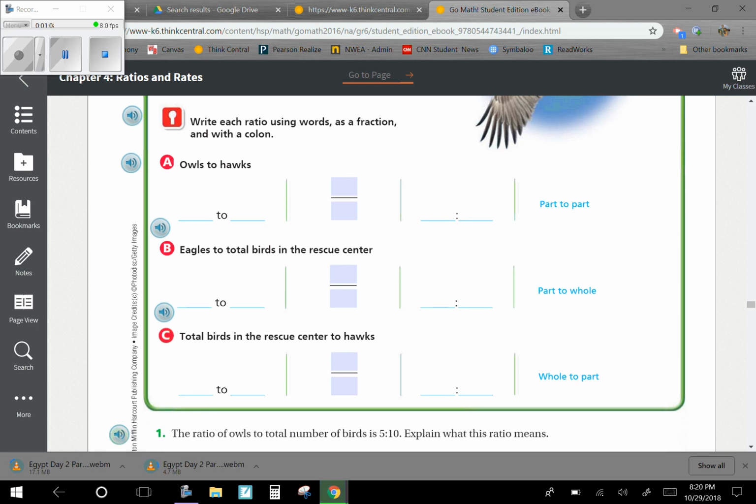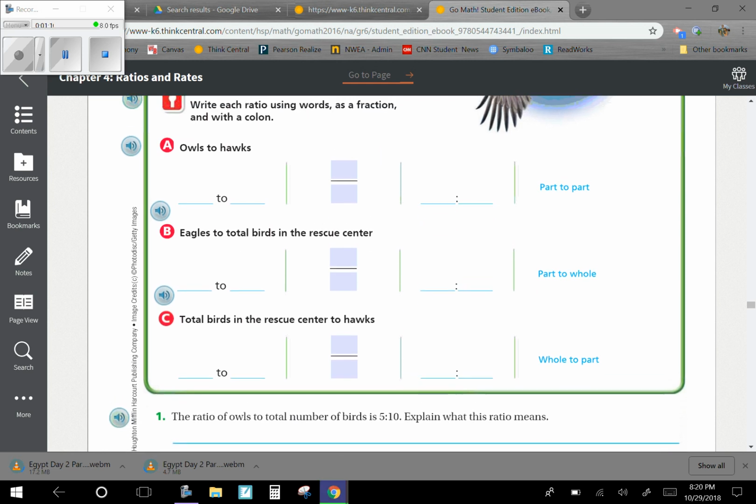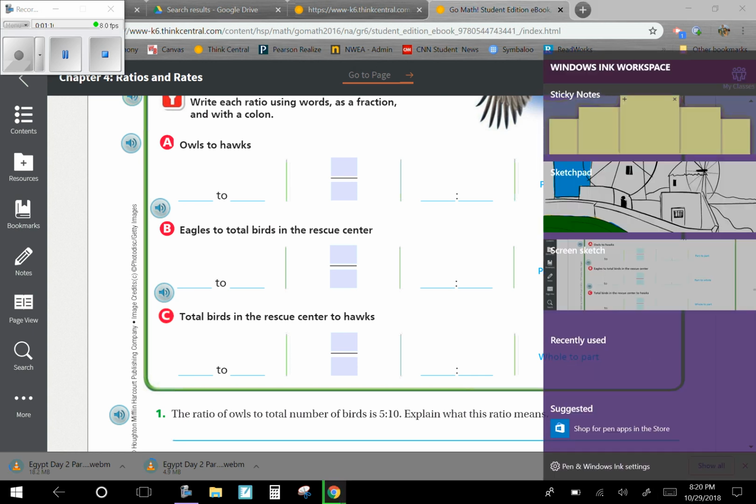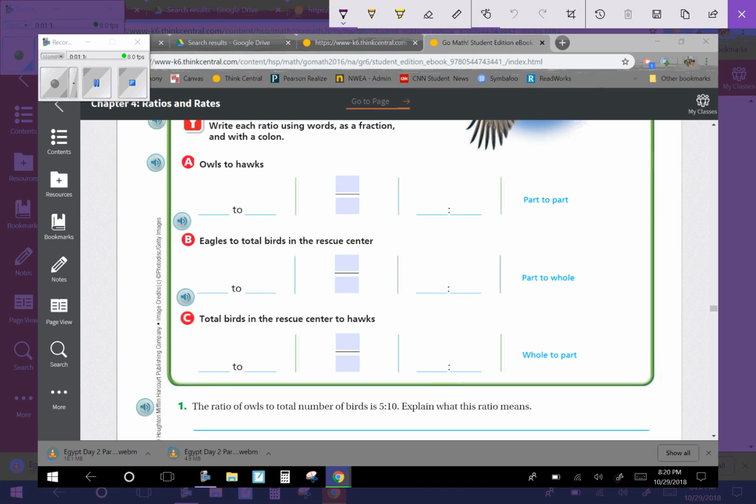Okay, so we're going to write each ratio using words, as a fraction, and with a colon. So owls to hawks, if we look up there, there are 5 owls to 2 hawks.